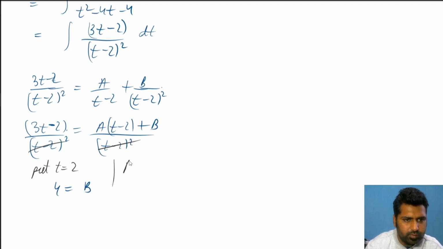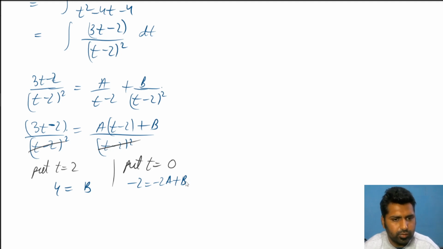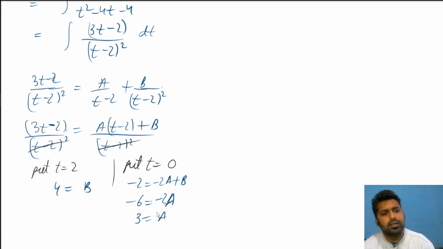Next you put t as anything, because there's no way you can make b 0, and you'll get the value of a. So put t as 0. If you put t as 0, we get minus 2 equal to minus 2a plus b. And b is already 4, so minus 4, minus 6 is minus 2a. Now we're getting good values of a and b: a is 3, b is 4.